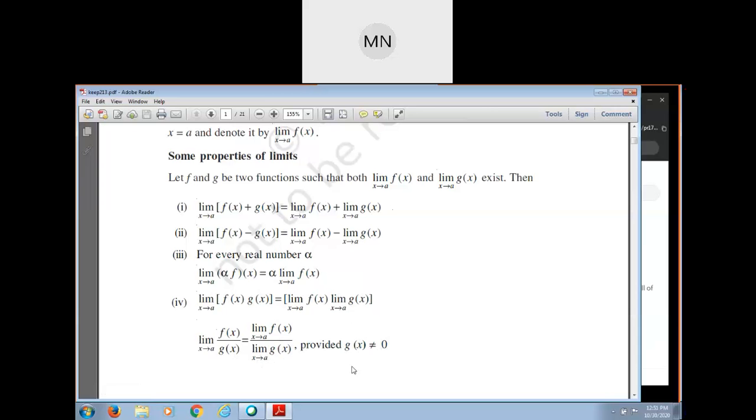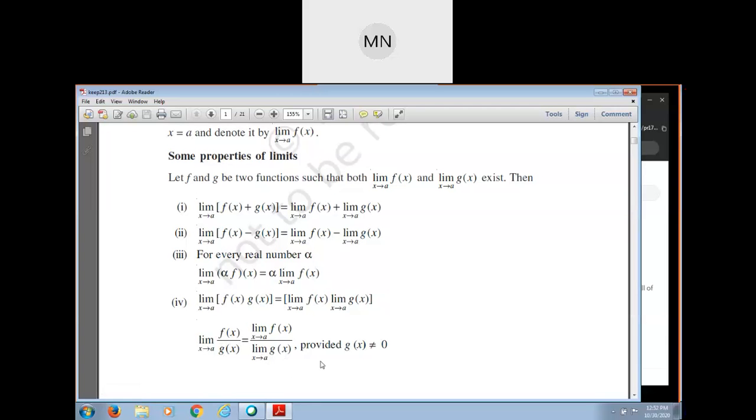When we discussed the algebra of functions, in that class I already told you that for a rational function, g of x does not equal 0. If g of x equals 0, then this function does not exist. So it's mandatory that g of x does not equal 0.